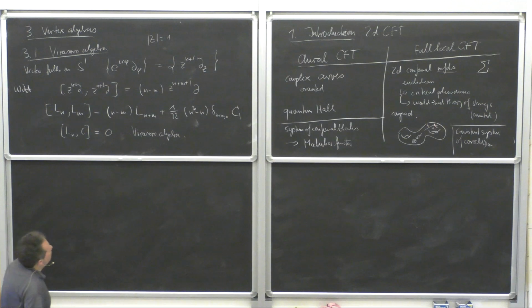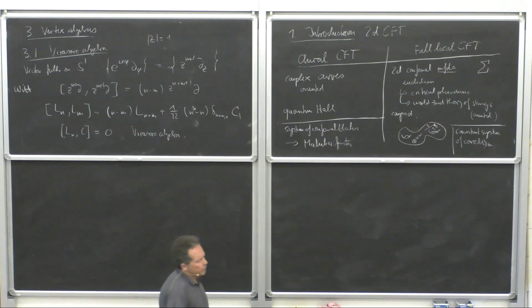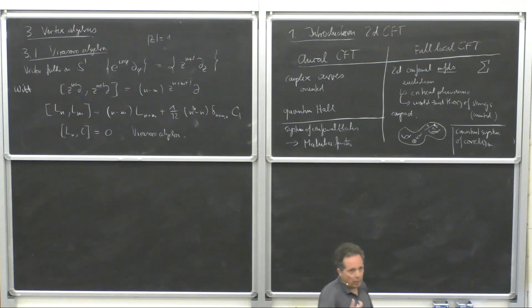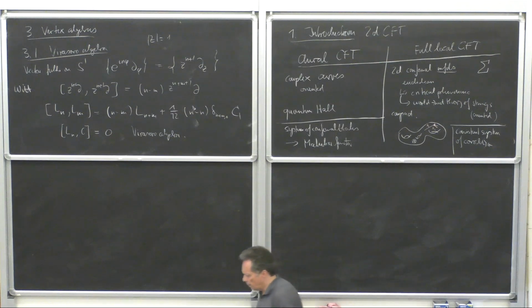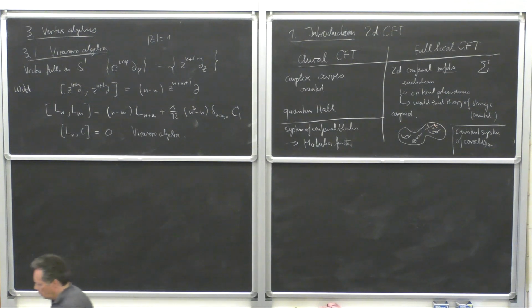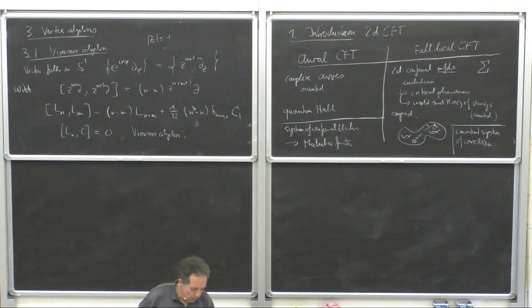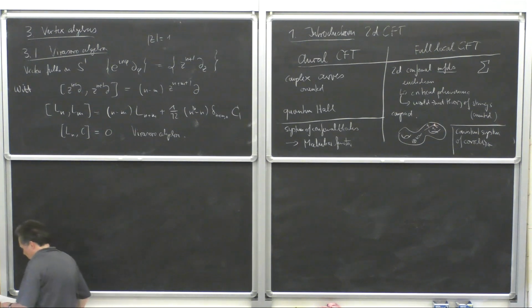By the way, if you are now looking at representations of this Virasoro algebra, then if you find an eigenvector in such a representation of L0, the eigenvalue is also called conformal weight. That's jargon, it's just a different jargon for an eigenvalue.